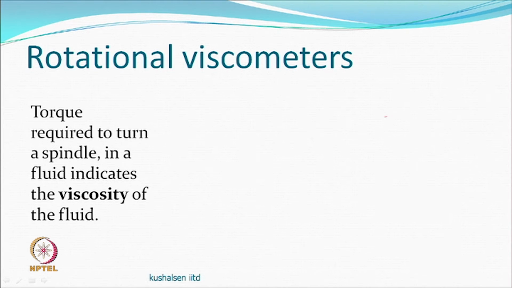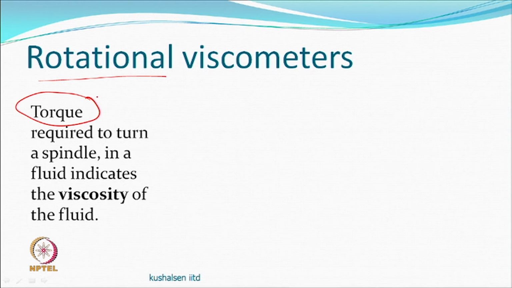We cannot use this because nothing will pass through, so you have to have different methods of measuring viscosity. One can think of using what people consider as rotational viscometers.